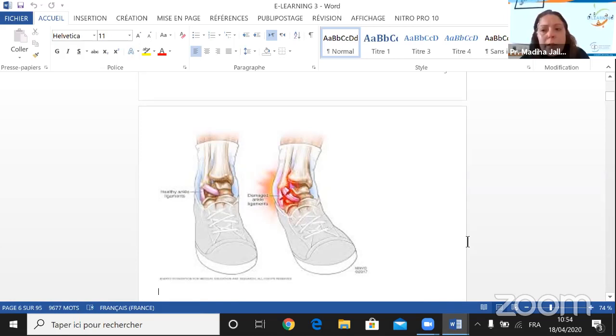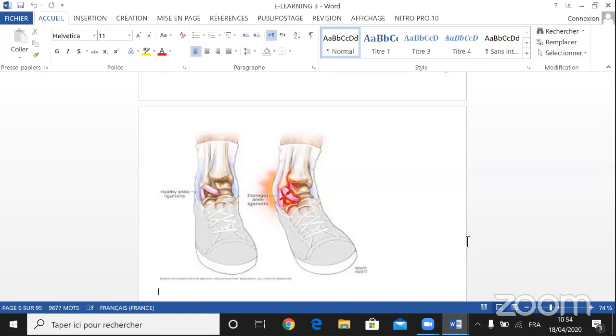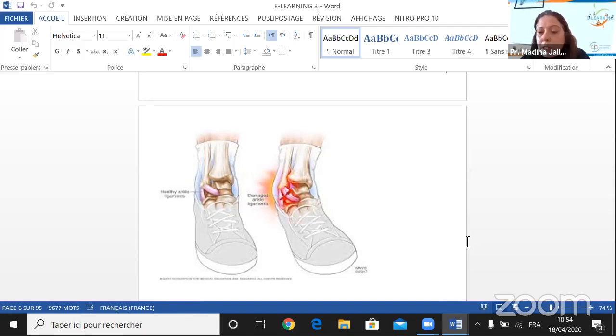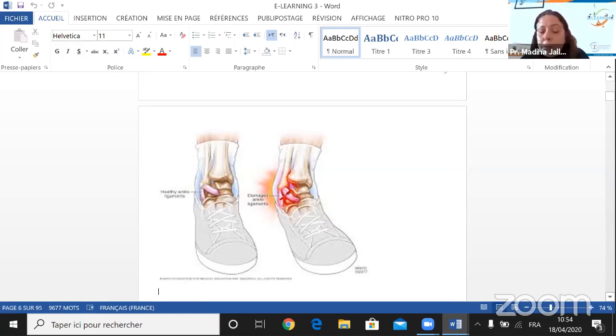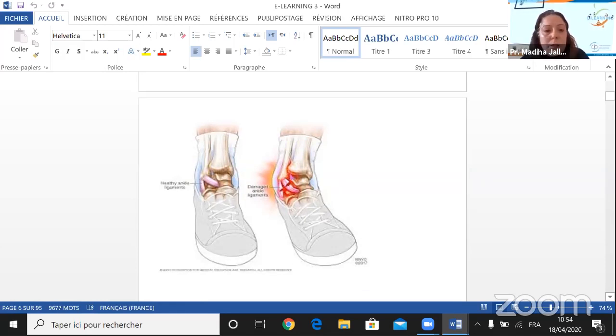No. It's not as life-threatening as breathing cessation, for example. But the patient must consult medical assistance immediately, of course.